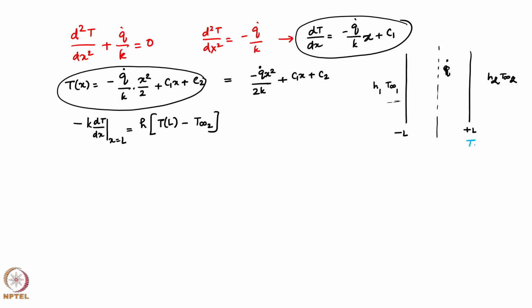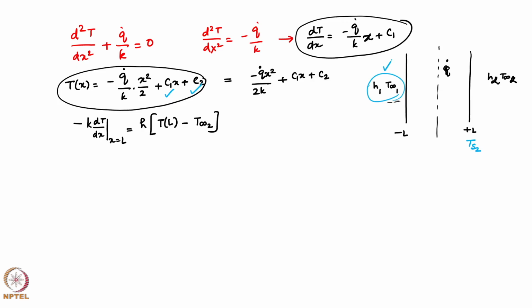So, this is Ts2, not a problem. T at plus L is Ts2. So, Ts2 is equal to minus q dot by k L squared by 2 plus C1 L plus C2. I have used the condition where C1 and C2 both are coming into the picture. Then I can use convection on this side to get C1 first, and from there after that get C2.